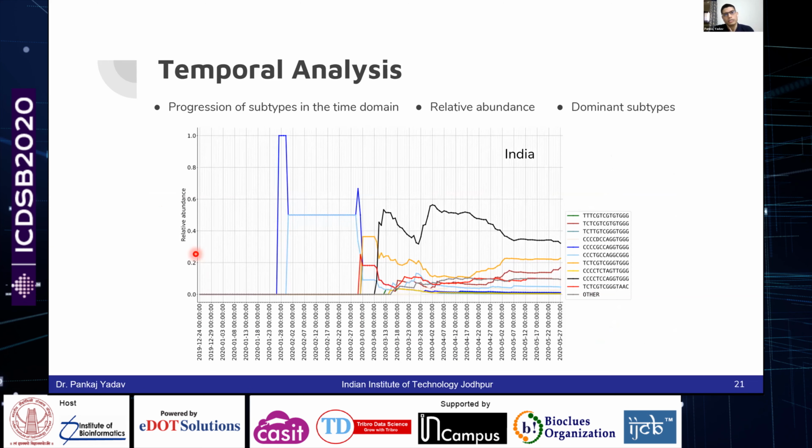This is the temporal analysis that we did for some of the isotypes. This blue isotype was more prevalent in the beginning, but with time you can see that it has almost disappeared, whereas this black one became highly prevalent with time.